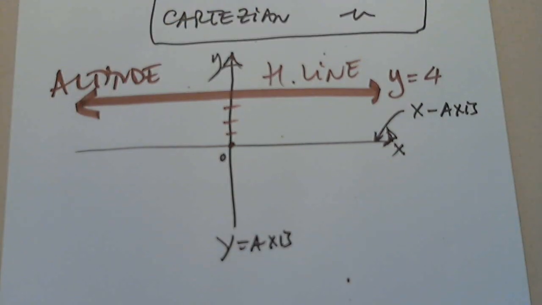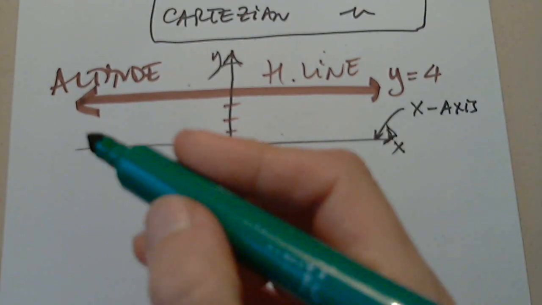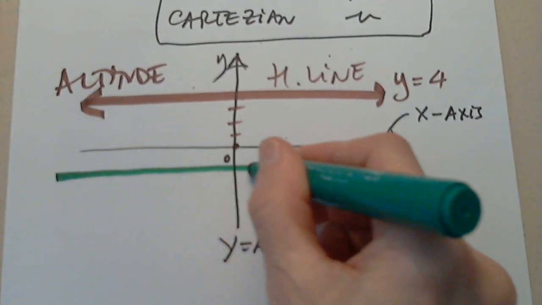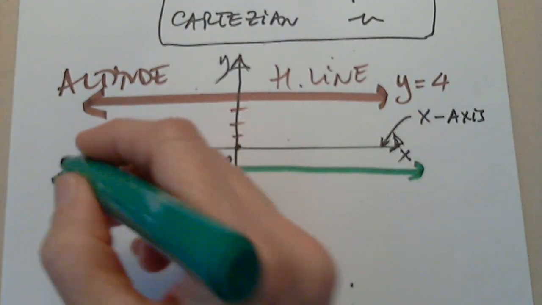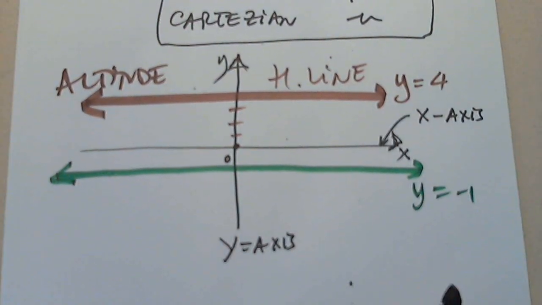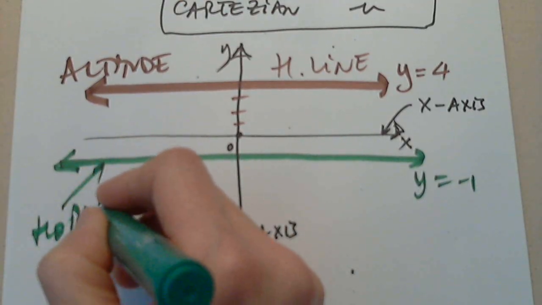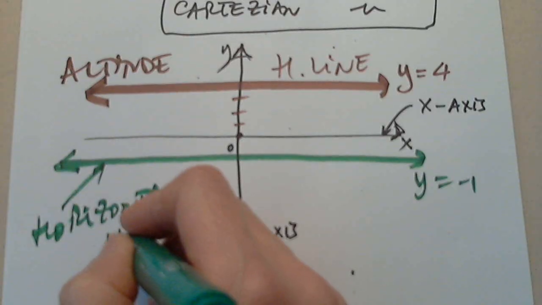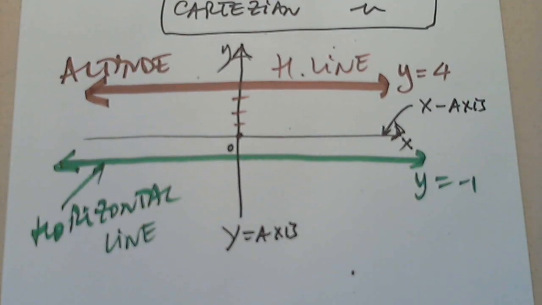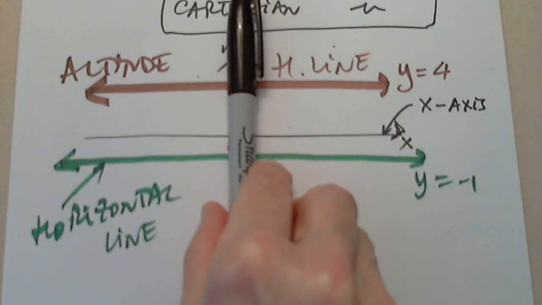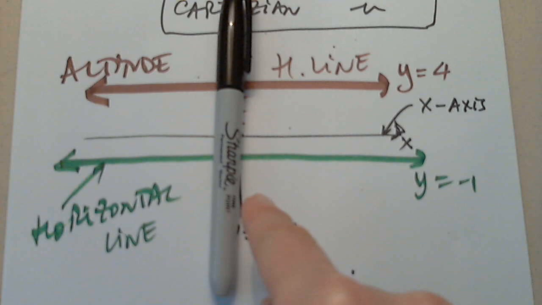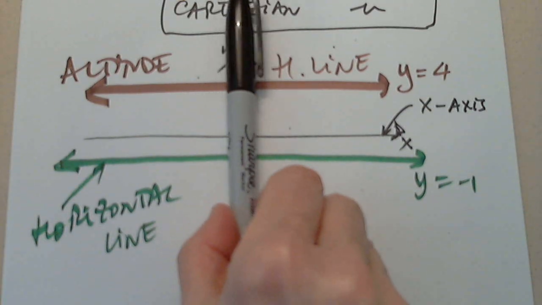How high, how low. Can I graph another? Of course, I can graph millions. And here's another one. As long as it's horizontal, y equals -1. This is again a horizontal line. These give the altitude.